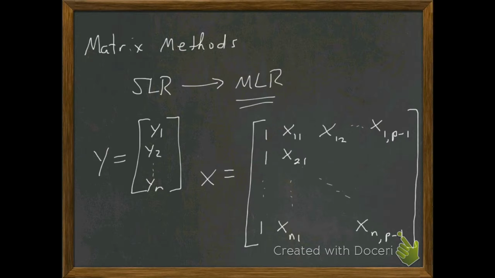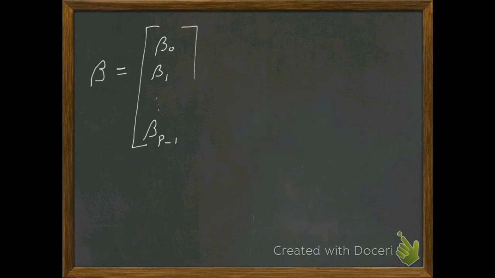All right, gang. Another, remember the coefficient matrix. Well, it's going to look again a lot like before, except we're just going to have more betas.